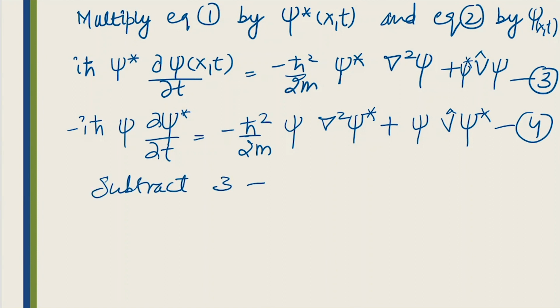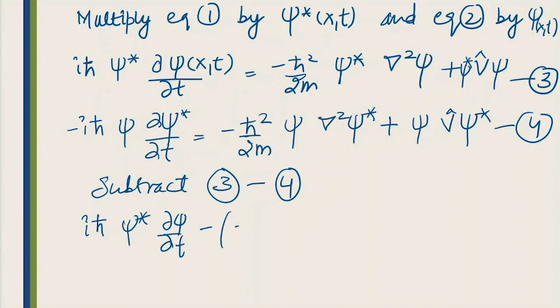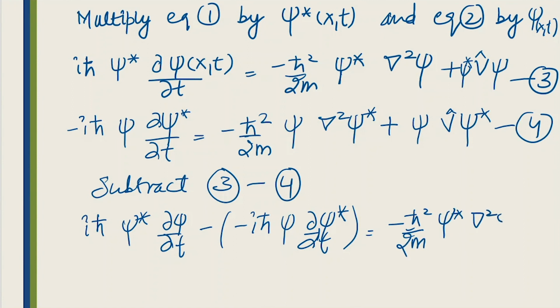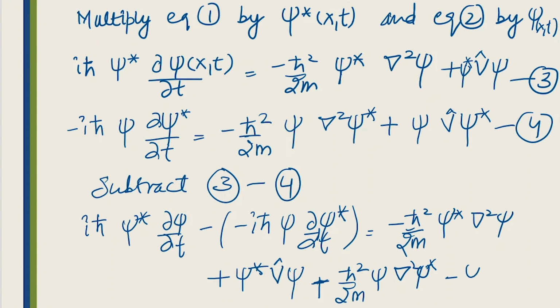We have to subtract 3 minus 4. Iota h cross psi star del psi by del t minus iota h cross psi del psi star by del t is equal to minus h cross squared by 2m psi star del square psi plus psi star V operator psi, then plus h squared by 2m psi del square psi star, then minus psi V psi star.